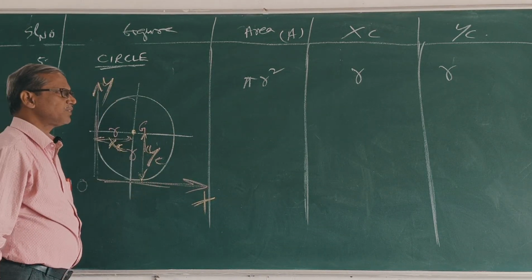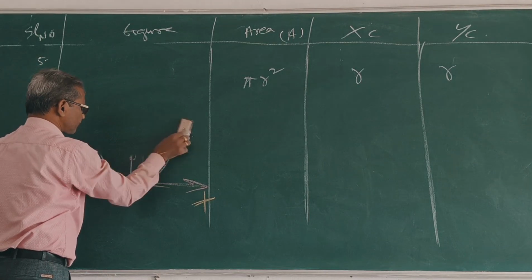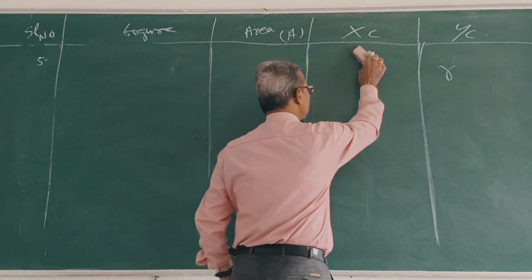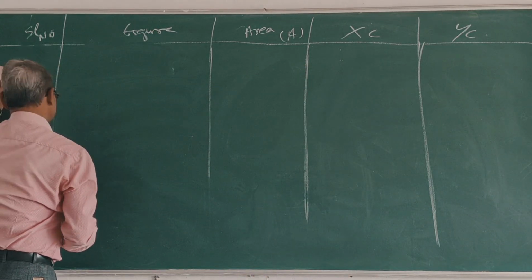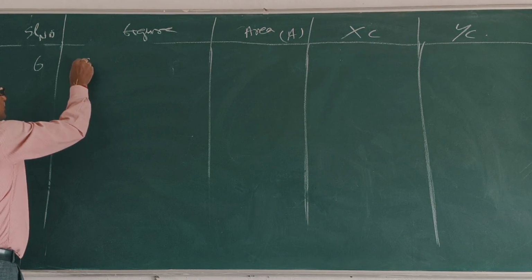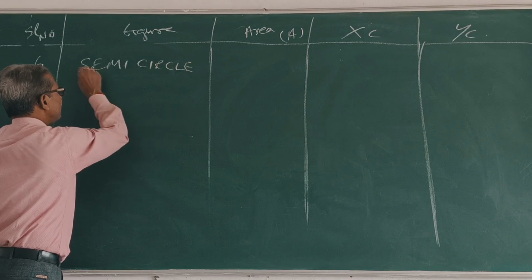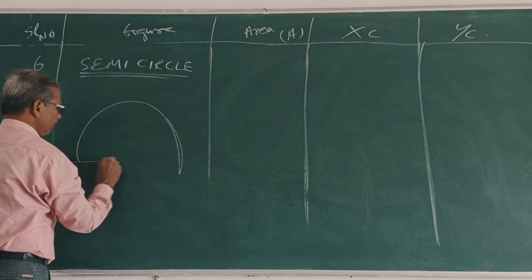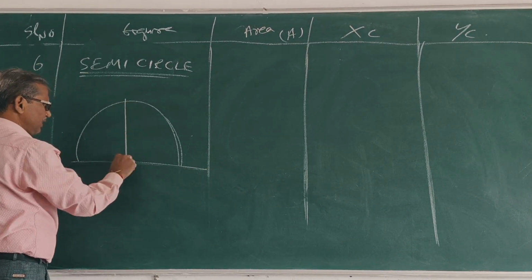Clear? Similarly, for the semicircle, this semicircle has radius R, and the CG lies along the symmetry axis.